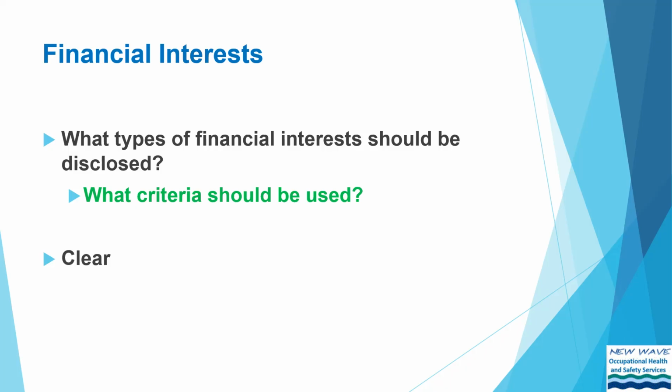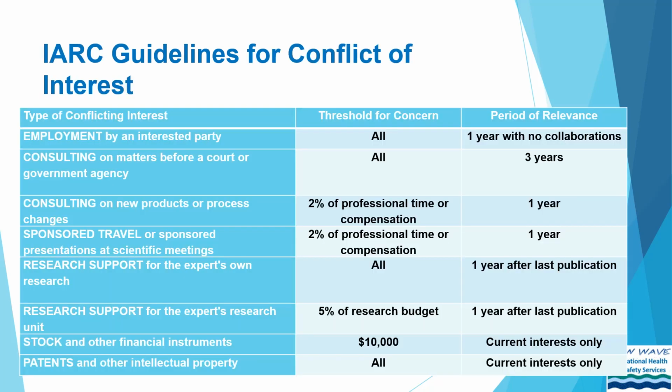One general point is that whatever the criteria are, they should be clear. We've already seen this table from the International Agency for Research on Cancer. As before, while you may disagree with the numbers, it is clear as to what should be disclosed.